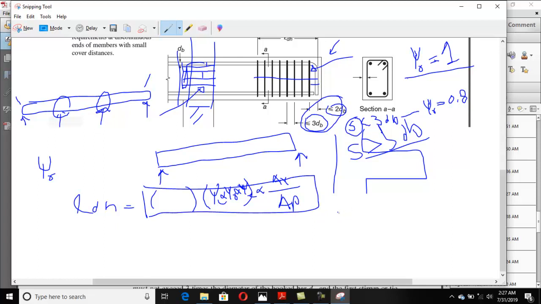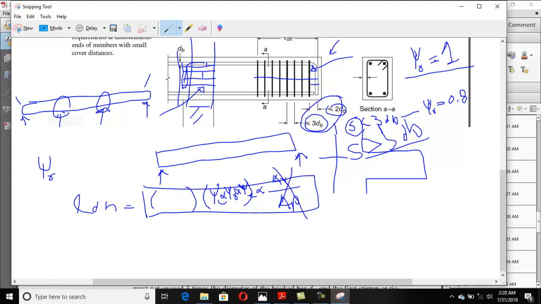If you are designing in a seismic zone, do not multiply this term. If you are designing the ends or the joints, or determining the development length of a hook at a discontinuous edge, like simply supported beams, the edges of cantilever beams, or the case when the beam ends in a column and does not pass through that point but stops there, then you do not need to multiply this factor.